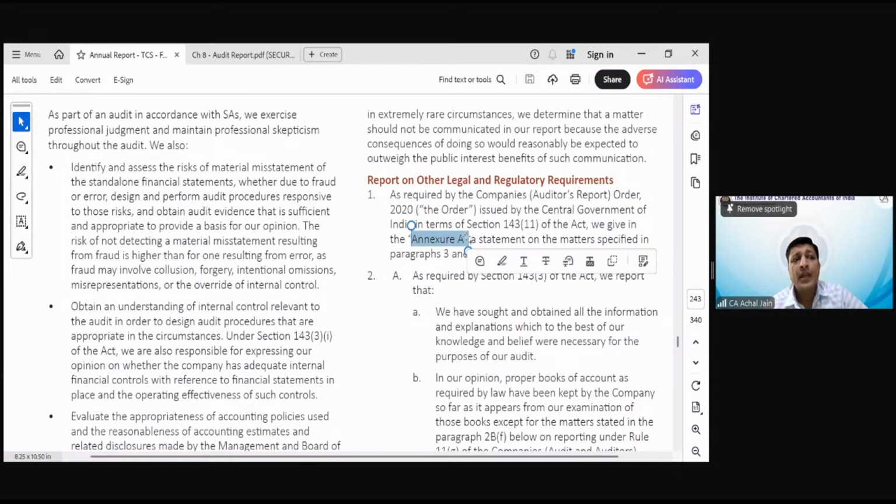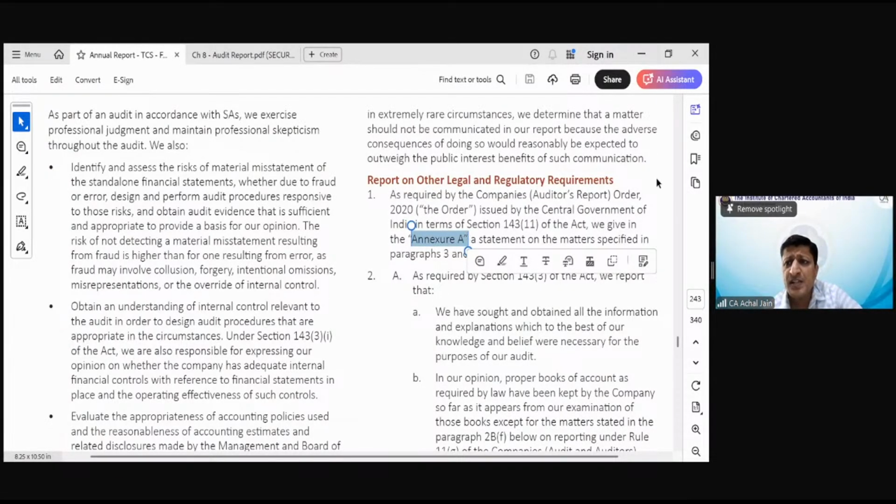CARO happens to be one part of this main audit report, but it is not included in the main report itself. A reference to it is included, because an annexure is provided for CARO. So in a way, CARO reporting is covered by the main report, but it's provided separately.